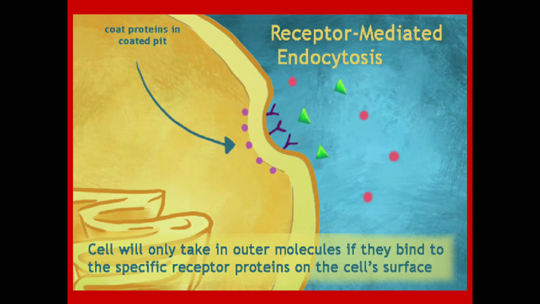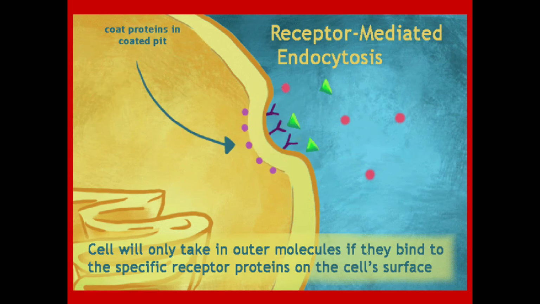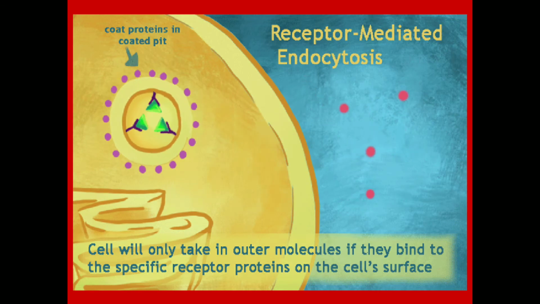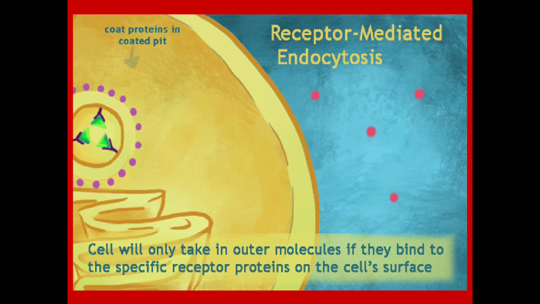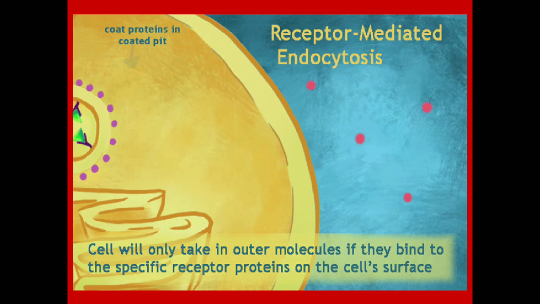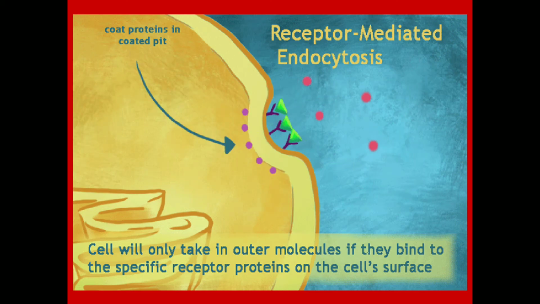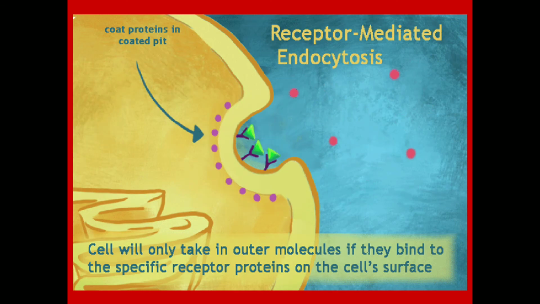These protein receptors will bind with specific molecules to capture them, such as hormones, proteins, and ions. The clathrin will aid in the formation of a coated pit around the receptor and the molecules.